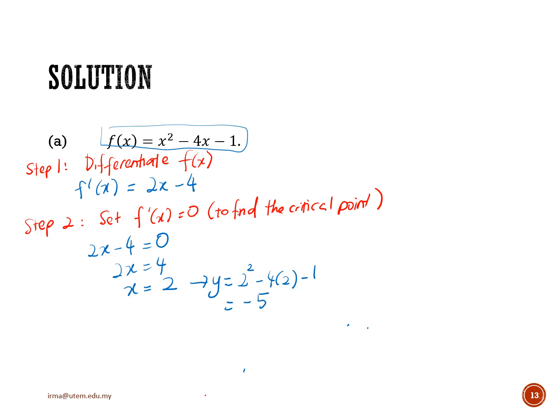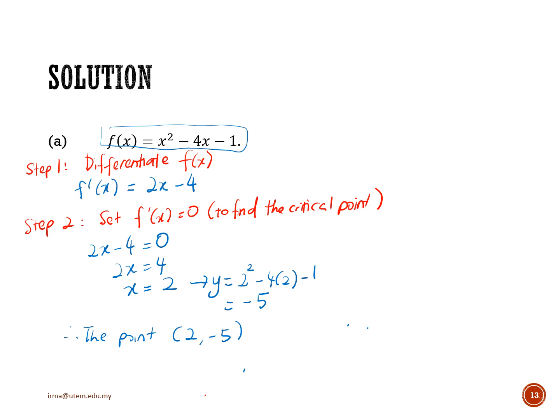So you will get negative 5. So this is the value of y. So we have the point (2, negative 5), where x is equal to 2 and y equal to negative 5.